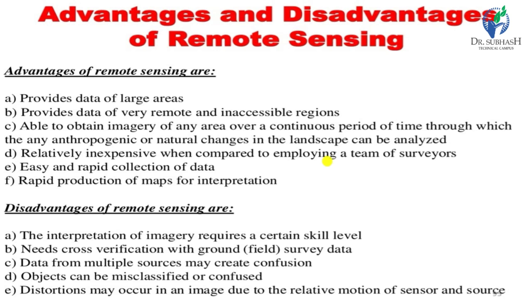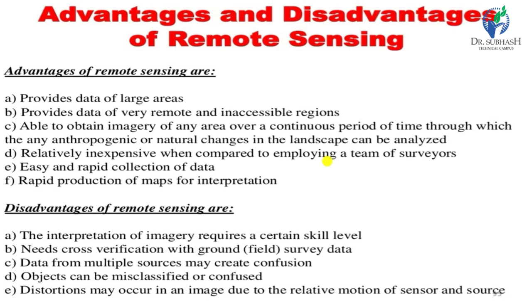Now some of the advantages and disadvantages of remote sensing. It provides data of large areas. The second advantage is that it provides data of very remote and inaccessible regions. For example, if you want to find out the condition of the Himalayan mountains, it is very difficult to reach there and analyze those areas, but remote sensing gives accurate data.